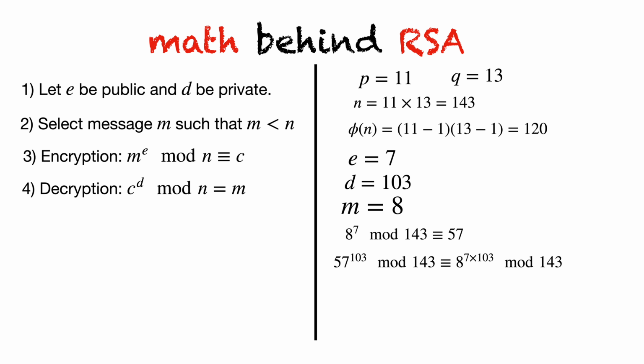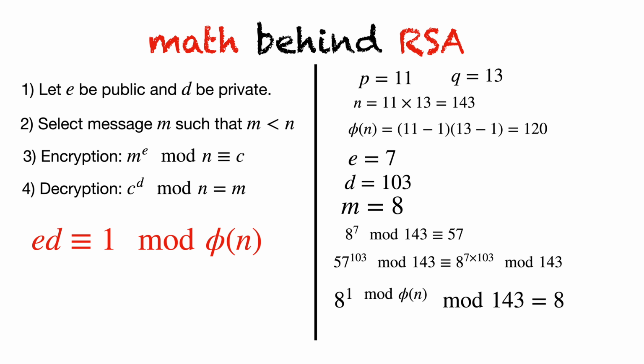And 7 and 103 are numbers such that their product is 1 modulo phi n. So we get 8 to the power 1 modulo 143, which is equal to 8. This is because e times d is congruent to 1 mod phi n. But the question is, why does it happen? I mean, why are we getting 8 directly from 8 to the power 1 modulo phi n?